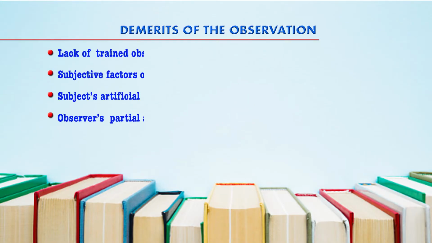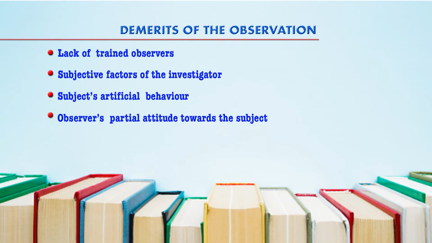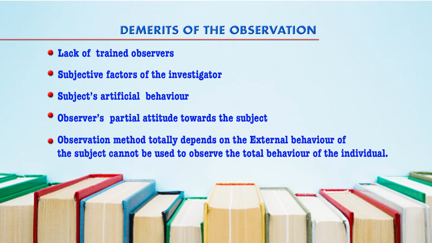Now as I told you, if there are merits, there are also some limitations. What are the limitations, or demerits, of observation? There is a lack of trained observers. There can be subjective factors of the investigator. Subjects can be artificial; they can execute artificial behavior in front of you. Observers can be partial; they can have a partial attitude towards the subject. The observation method depends totally on external behavior.